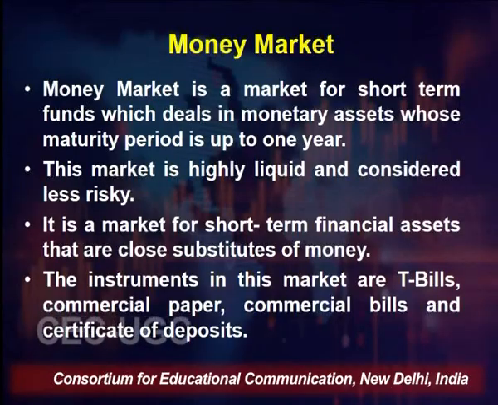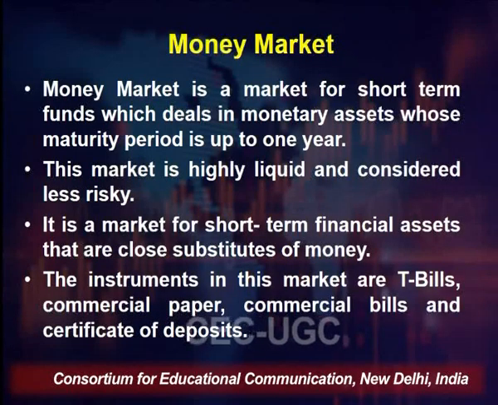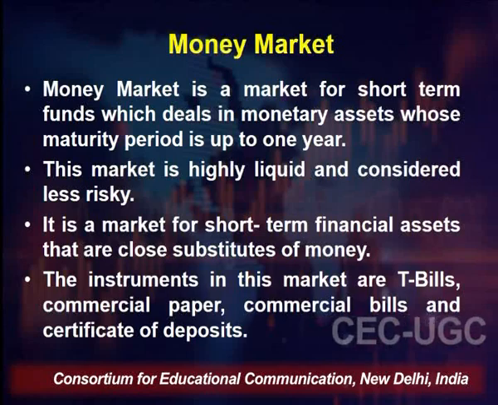So this market is highly liquid and considered less risky. Why is it called less risky? Because money is lent for a very short period of time. The lender knows the creditworthiness of the borrower, and within a short span of time, creditworthiness doesn't change very frequently.